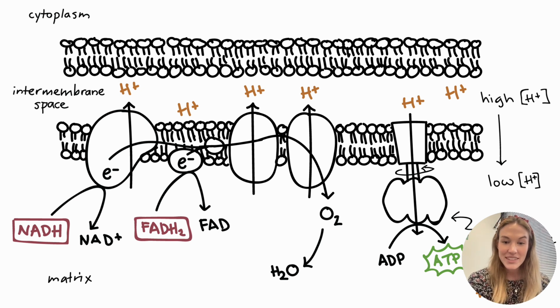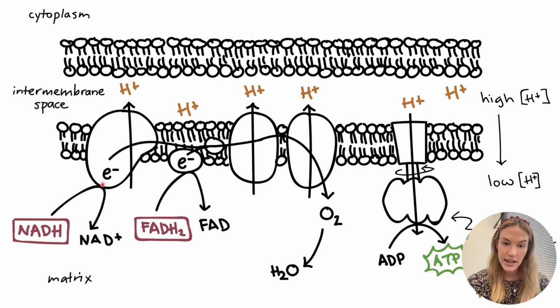So the electron transport chain is going to start with these electron carriers. These electron carriers, as they are named, are going to carry electrons, and they are going to drop off the electrons at the first complex. So we have NADH, it'll drop off its electrons. Well, if it drops off a negative charge, that leaves it with this positive charge, NAD+.